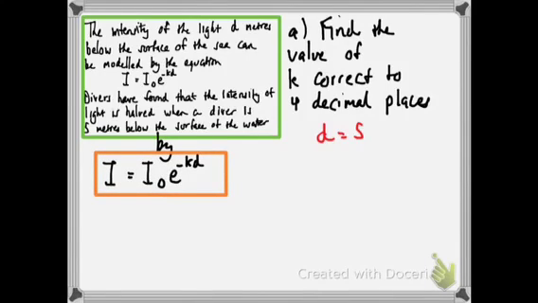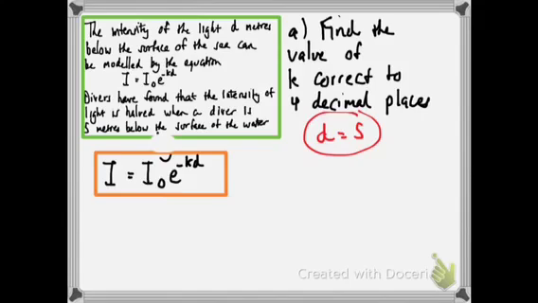So there's our equation, and as I said, we know that d equals 5, but we don't know what I and I naught are.